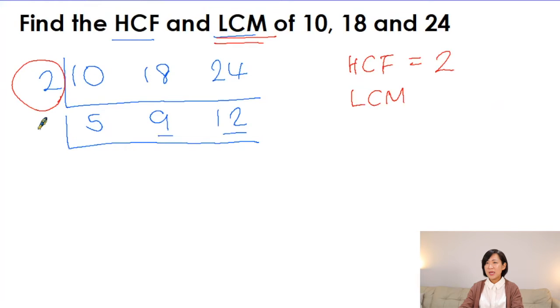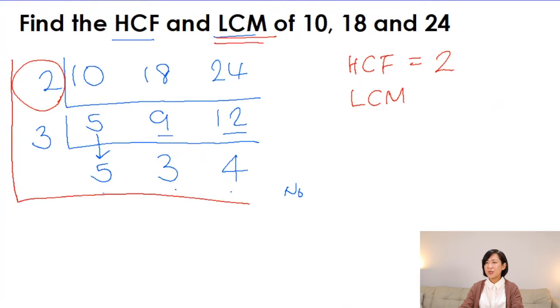What is the common prime factor of these two numbers? That is 3. Then 3 can't divide into 5, so you just copy down the 5. Then 3 into 9, 3 times. 3 into 12, 4. Then let's see, can you see any common prime factor? No? Now we can stop, right? Then how can you find your LCM?